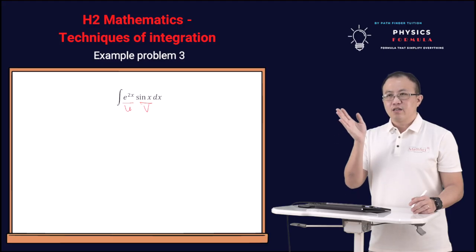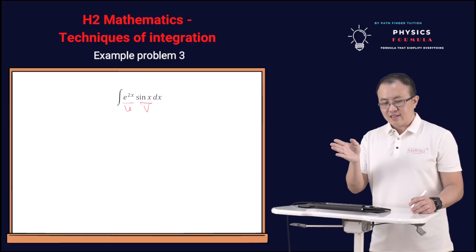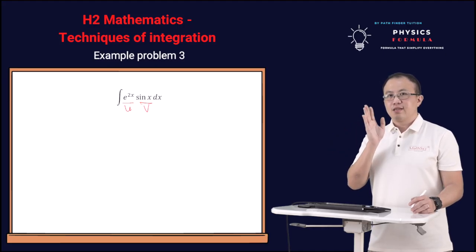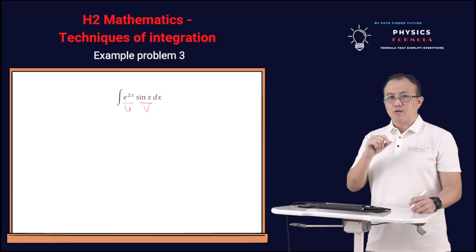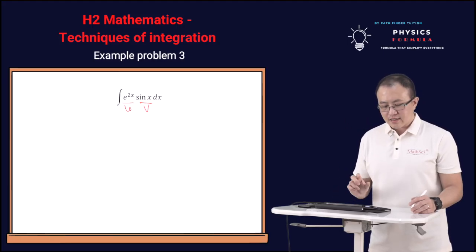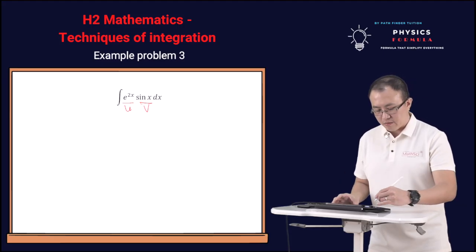But to me, I don't really go by that. I will just remember that after I do this integration or differentiation, it should be easier, so that in the next part I will be able to integrate. So keep that in mind. Let's say we integrate e^2x and we differentiate sine x. Let's see what we get.